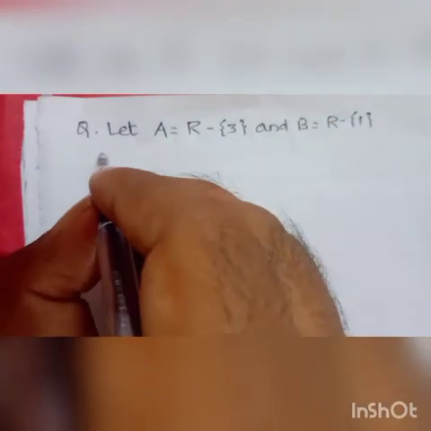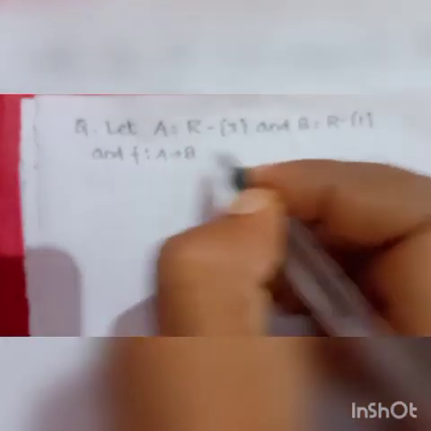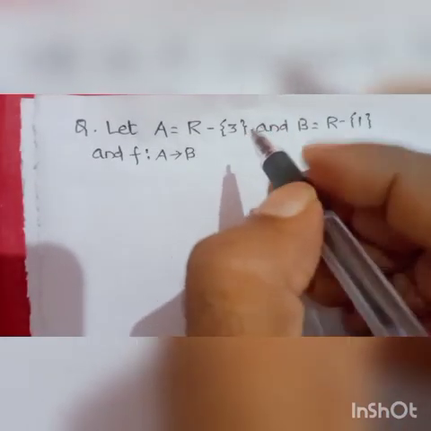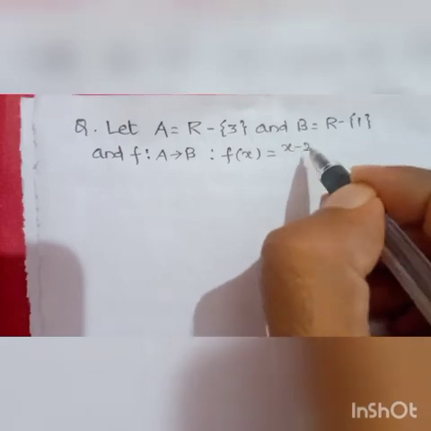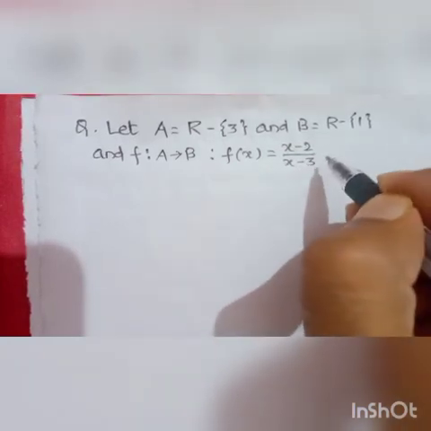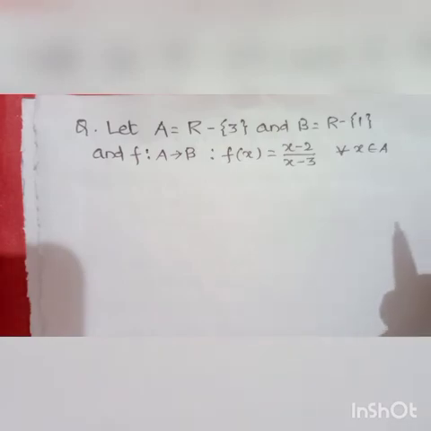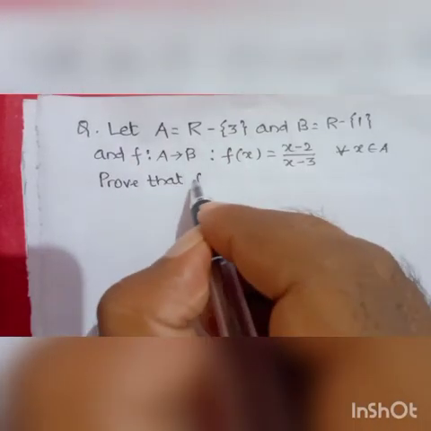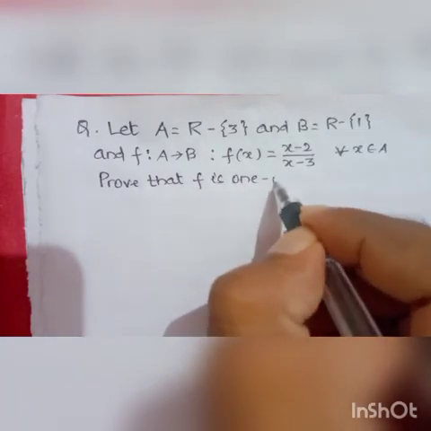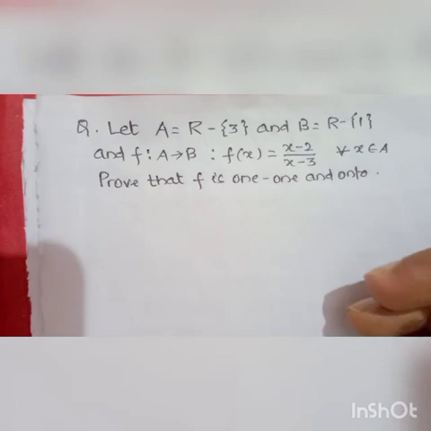If f from A to B is a function such that f(x) equals (x minus 2) upon (x minus 3) for all x belonging to A, prove that f is one-one and onto map, or one-one and onto function.